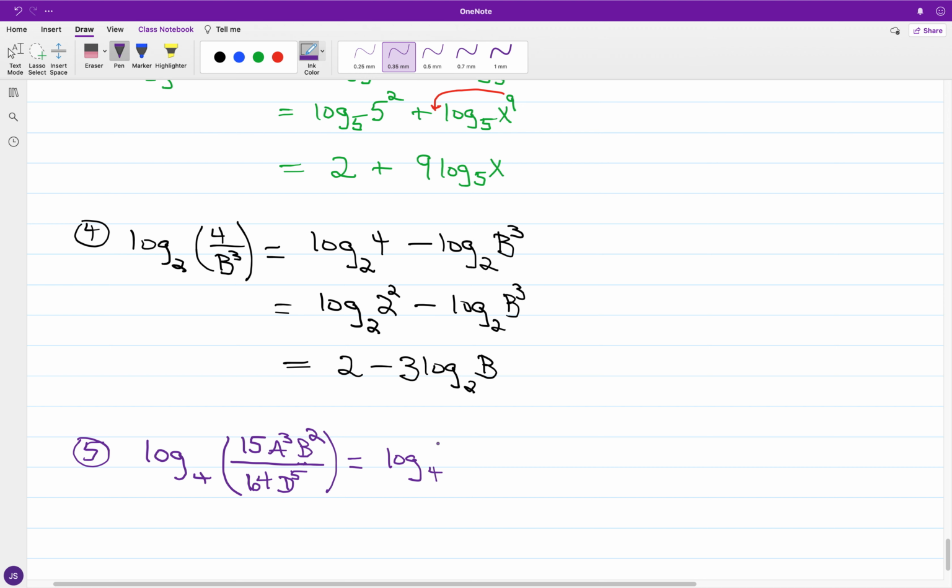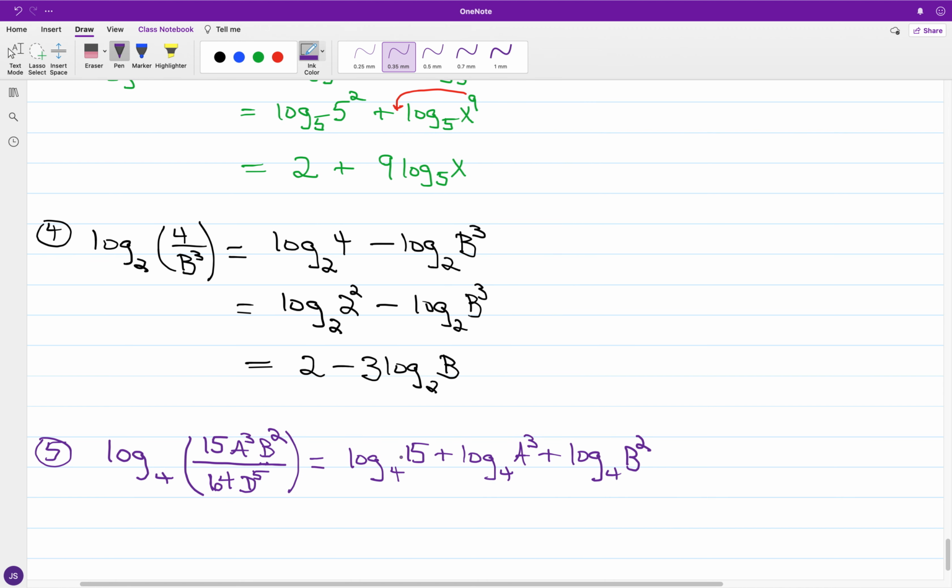So you have the base 4 logarithm of 15, plus the base 4 logarithm of a to the third, plus the base 4 logarithm of b to the second. Now with both 64 and d to the fifth on the bottom, we're going to subtract what we have here.